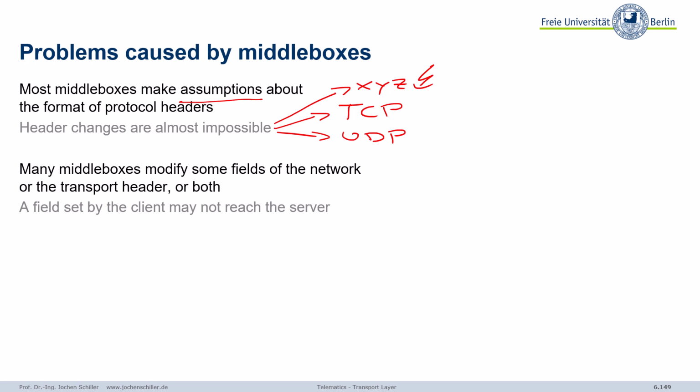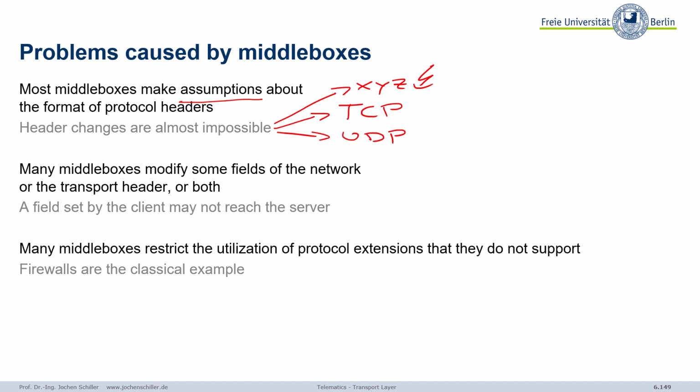Additionally, the middle boxes try to modify some fields. So if you have a different header, what happens? Or even if you have a TCP header, maybe on purpose you set a certain value somewhere, but maybe the middle box changes this. And then many middle boxes simply restrict the utilization of certain extensions. I touched on this already when I talked about options.